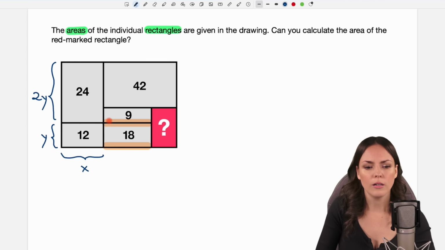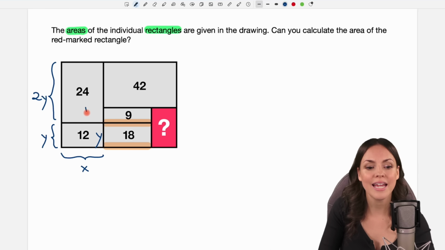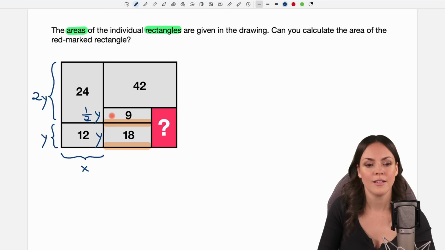We don't know how long the side is, but we know they have the same length, and if we take a look at the areas, we can see that this area here is half of this area. And the length of this side here is y, so the length of this side here has to be half of the length of this side, so 1/2y.